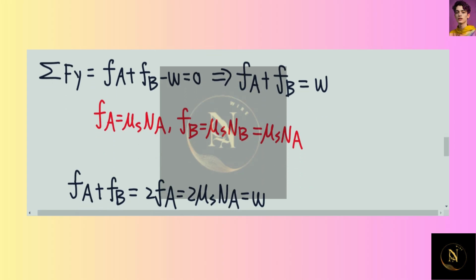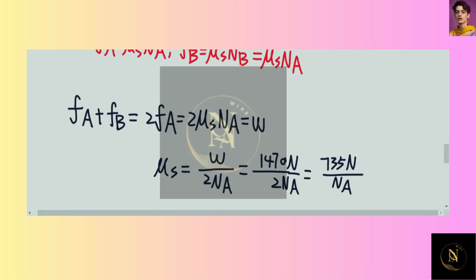This will give us FA plus FB is equal to 2FA, which is equal to 2 mu s NA, and this is equal to gravity. And then we have mu s is equal to W over 2 NA, which is equal to 1470 Newtons divided by 2 NA, and this is equal to 735 Newtons over NA.